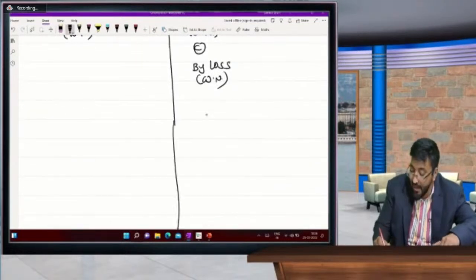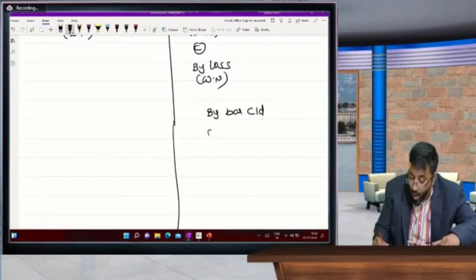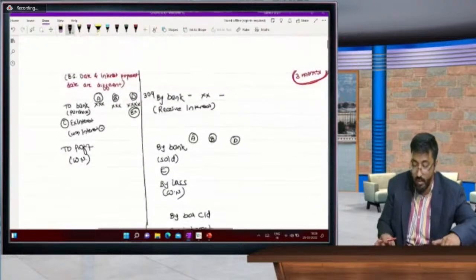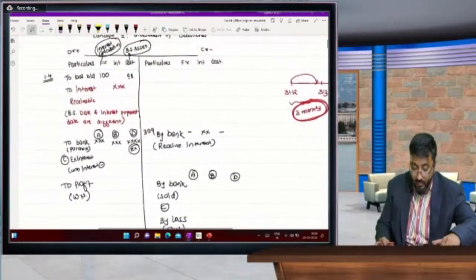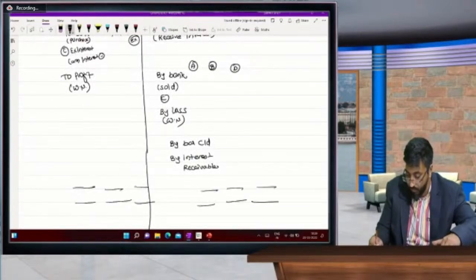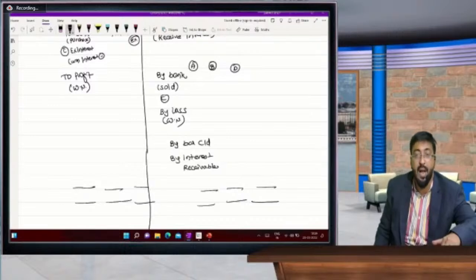And finally, by balance carried down or by interest receivable. And this is all for ABCD. By balance carried down and by interest receivable.